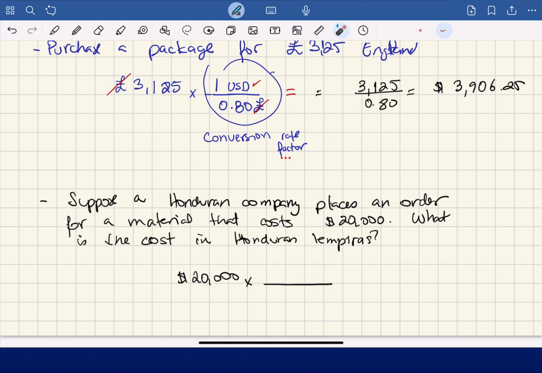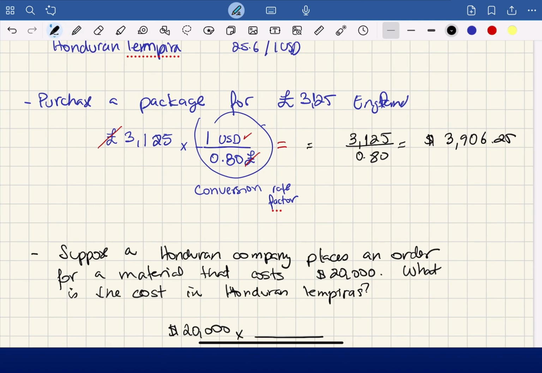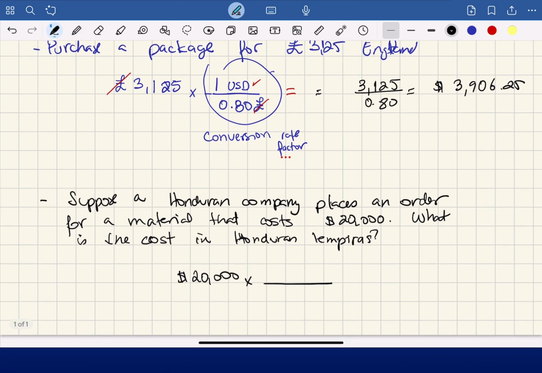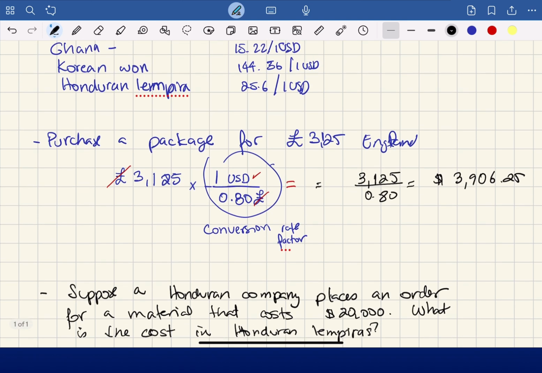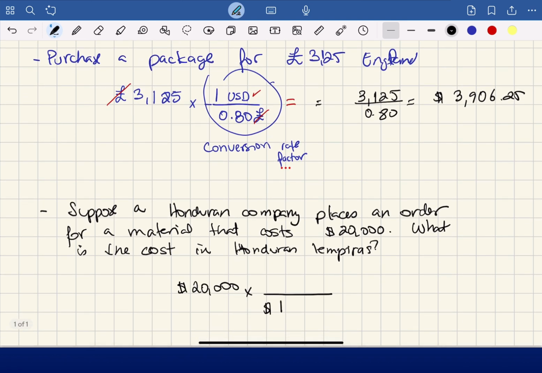Based on the conversion factor, we know that $1 US equals 25.6 lempiras. So when I do that math, I multiply 20,000 times 25.6, and that gives me 512,000 lempiras.